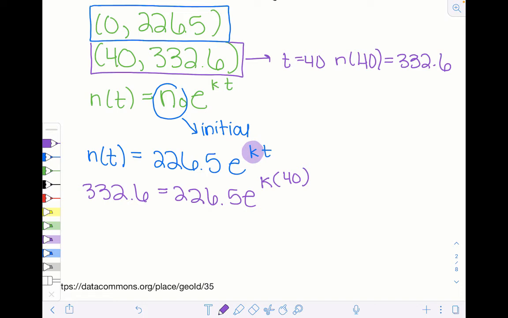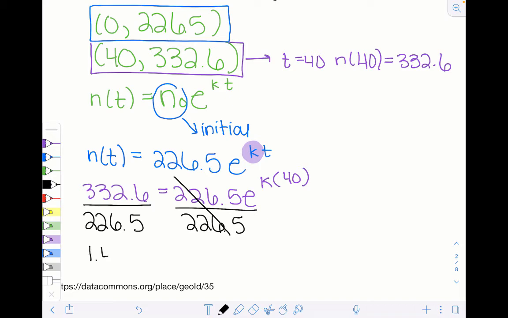In this case, the first thing we want to do is divide both sides by 226.5. On the right side, 226.5 divided by 226.5 just goes to 1. And on the left, we end up with about 1.468.